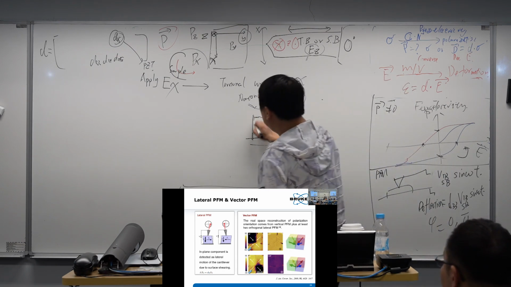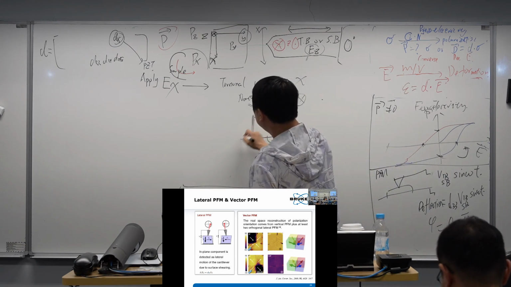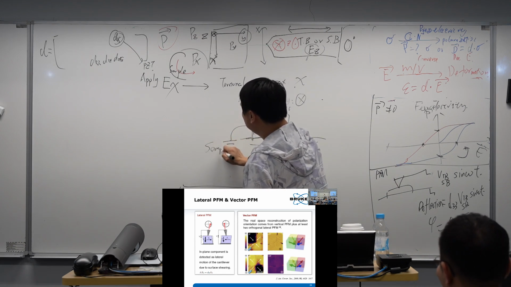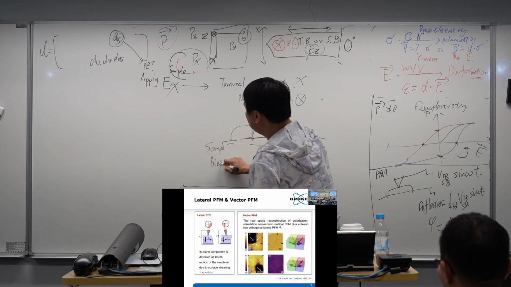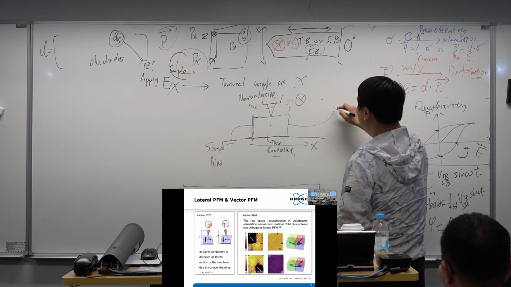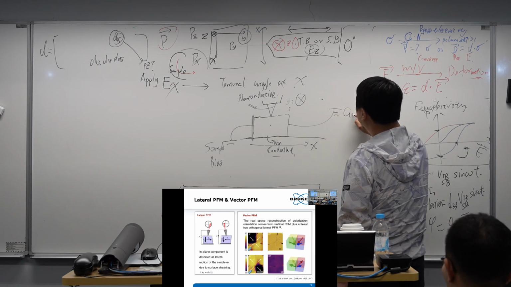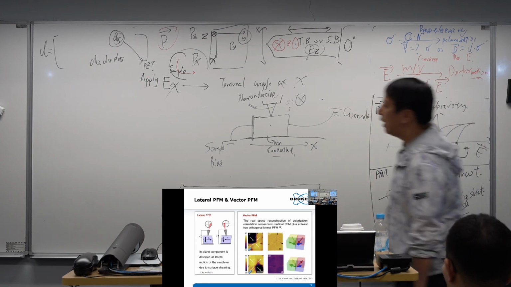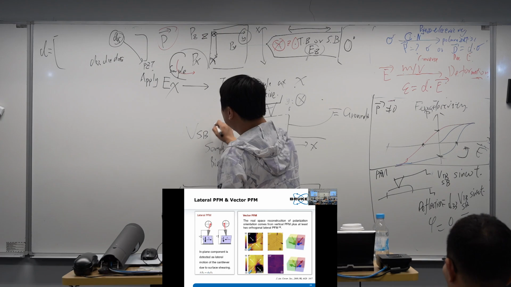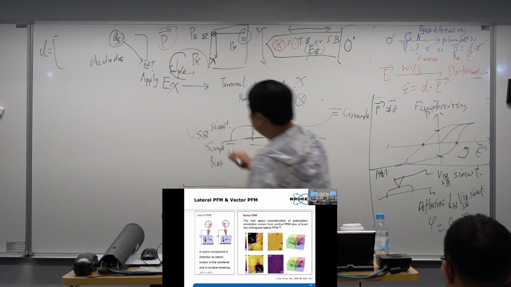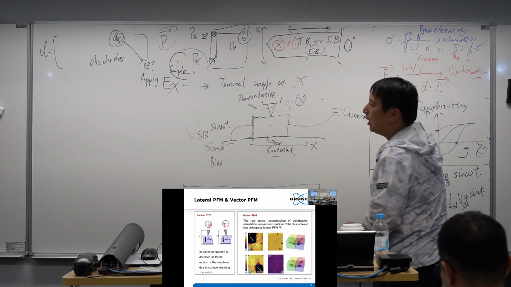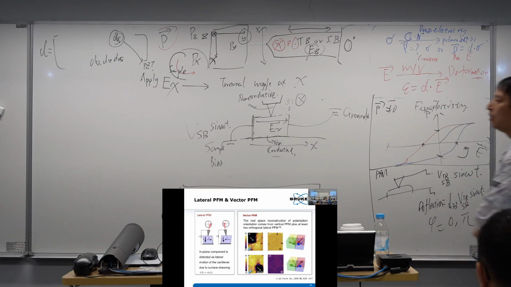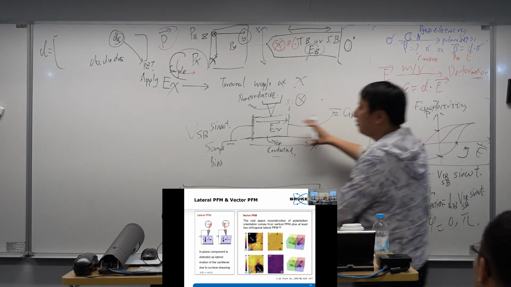We paste this side to our sample bias and this side to grounding. Then you can apply sample bias here, and you actually apply an electric field in the x direction. That's a way to apply this electric field.